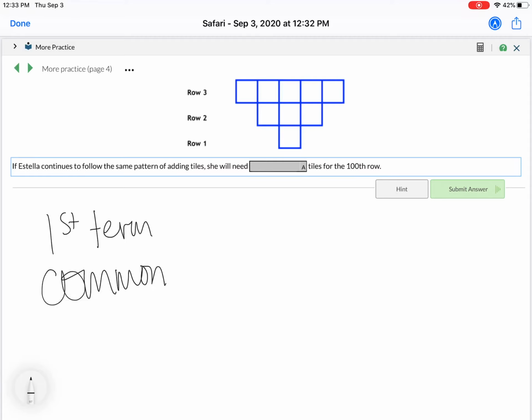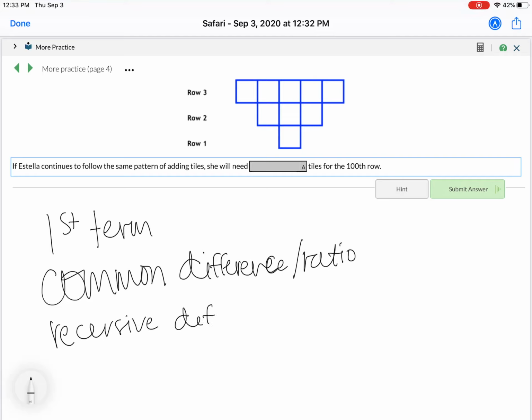You're going to have to know the common difference or ratio, depending what type of sequence you think this is. And you are going to have to use that recursive definition. So n minus 1, okay? And remember, you're looking for the 100th row.